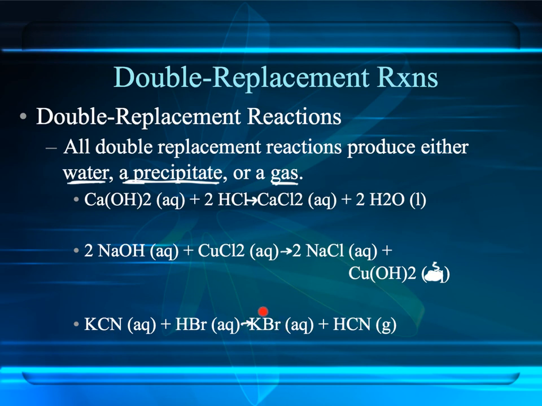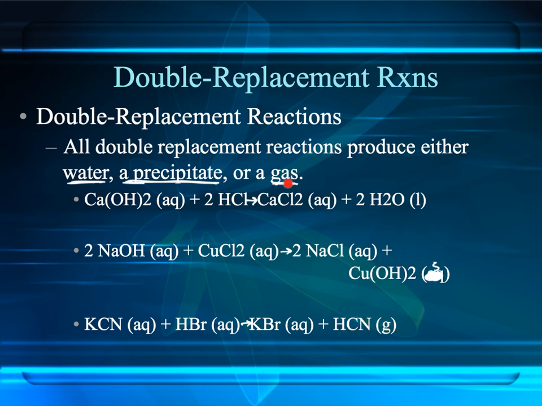Yielding potassium bromide, which in small quantities probably wouldn't kill you, plus hydrogen cyanide, which is now the gaseous form of cyanide, and that will also kill you. They used this to fumigate old buildings back in like the 1910s, 1920s to kill all the vermin walking around. So very dangerous stuff there. But this is the gas, HCN.